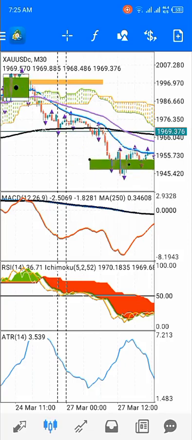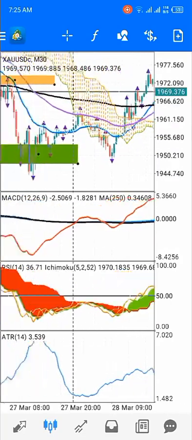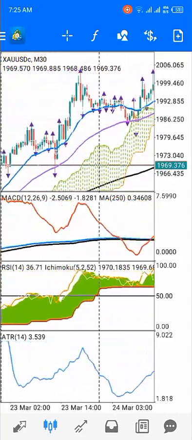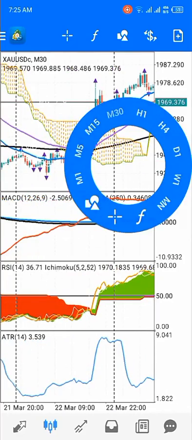Then price is expected to go down. As price goes down, you move your stop loss to trail profit.